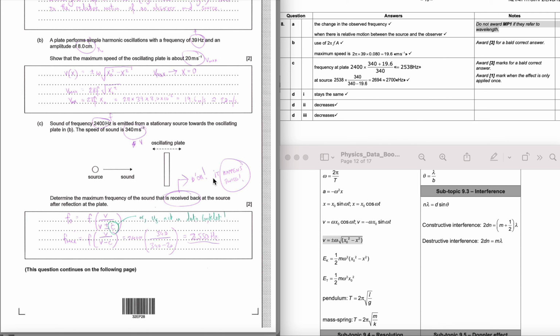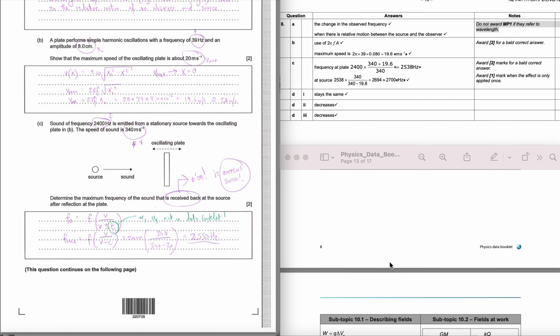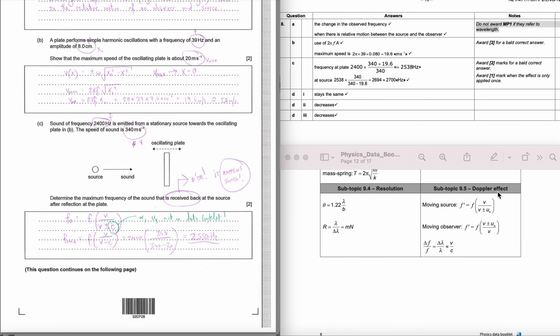I think when I was reading, I didn't read the question carefully enough. So I assumed we've got the moving source, and we're going to calculate our maximum frequency by looking at our equation. Let me just get this up here. There we go. I decided on using the moving source equation, v over v minus us. That will give me the maximum value.